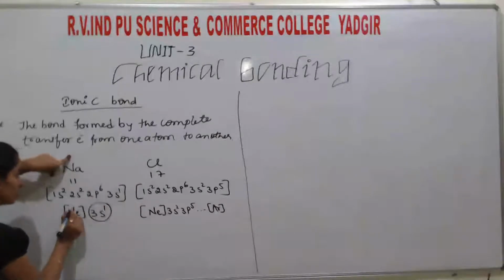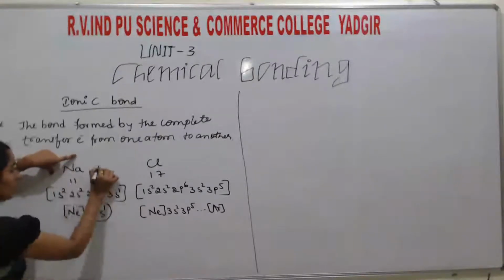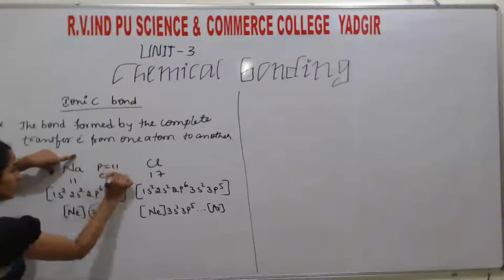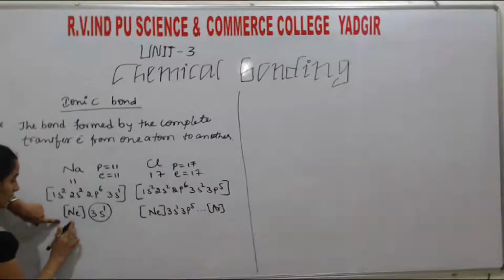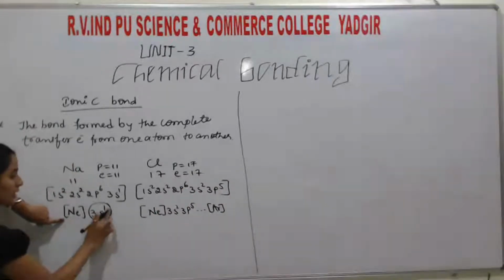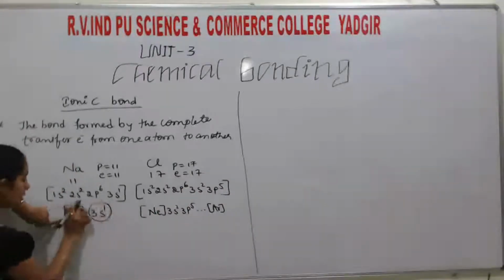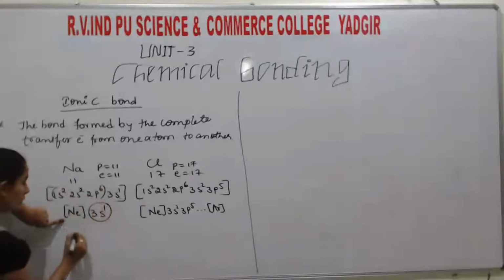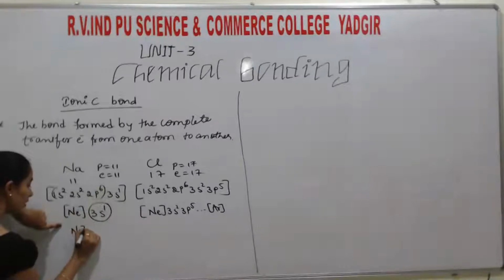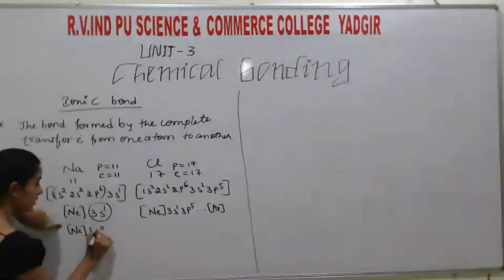Correct? So it loses one electron as I told. It loses one electron means atomic number 11 means protons also 11, electrons also 11. So here in neon 3s1 is there. To attain this neon configuration, it loses one electron. Then what happens? It becomes neon 3s0.